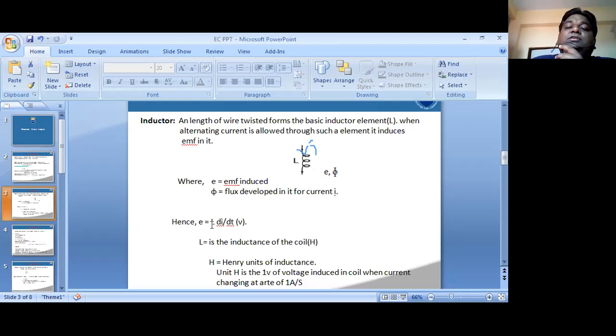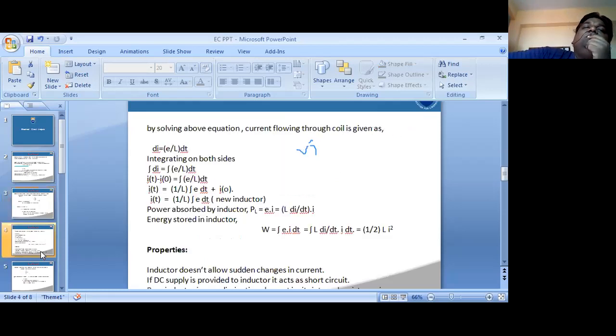Then the EMF induced will become 0. If EMF or voltage across any element is 0, then it gets short circuited. That is given in the second statement: if DC supply is provided to the inductor, it acts as short circuited.